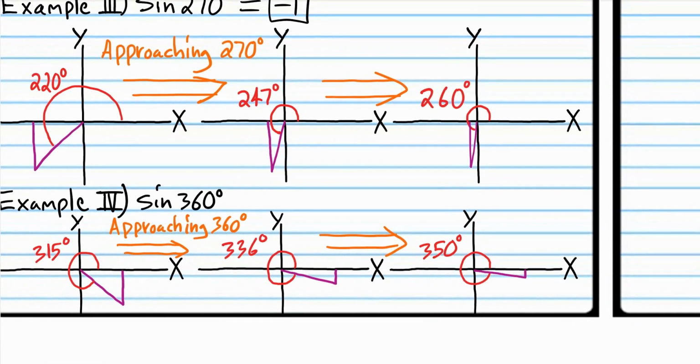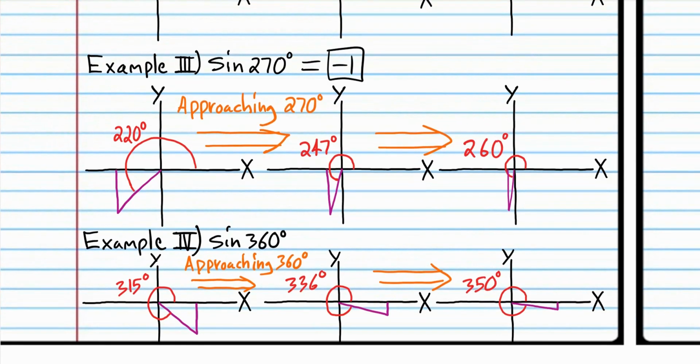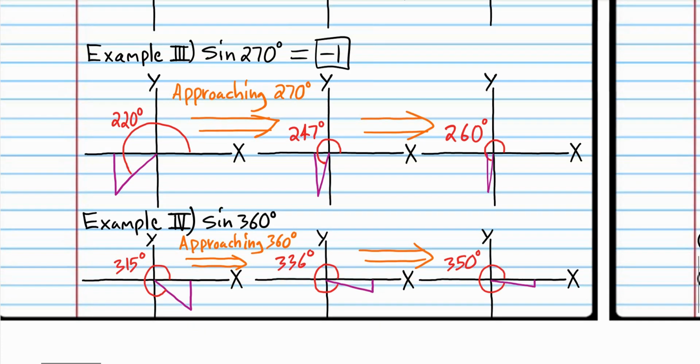But because the triangle is pointing downwards, the opposite side is negative. And so we define sine of a 270-degree angle as -1. Because as the angle approaches 270, the sine value doesn't approach +1, it approaches -1.